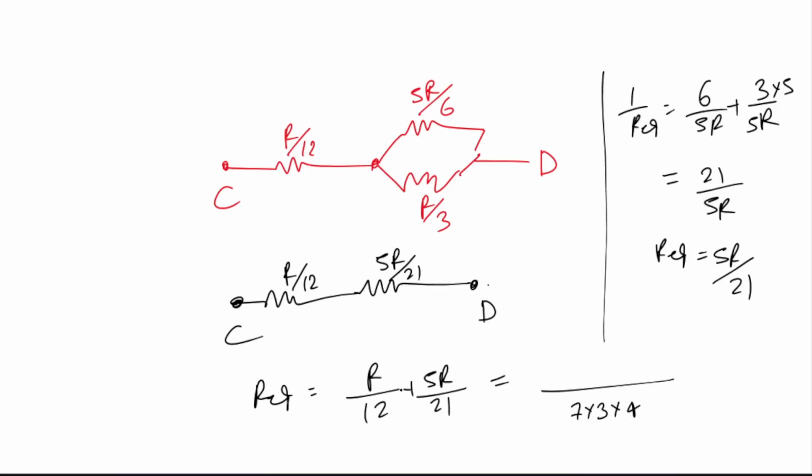So basically this will become 7R plus 20R, right? So this is 27R divided by 21 into 4, sort of 7 into 3 into 4. So this 9 times it will go, and then this is 9R by 28. So this is going to be the answer.